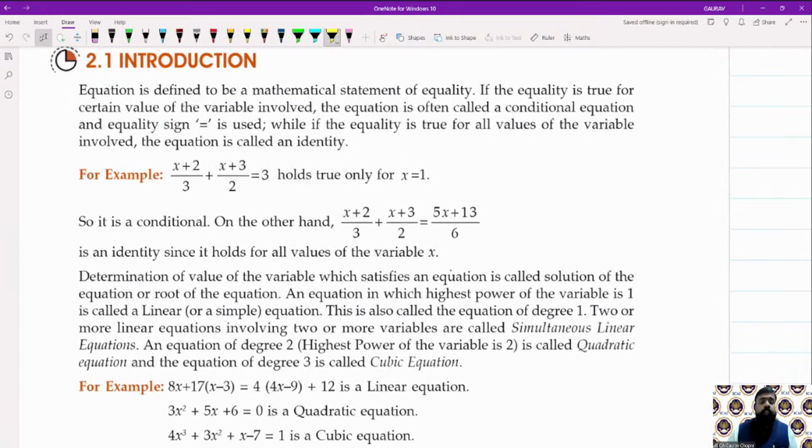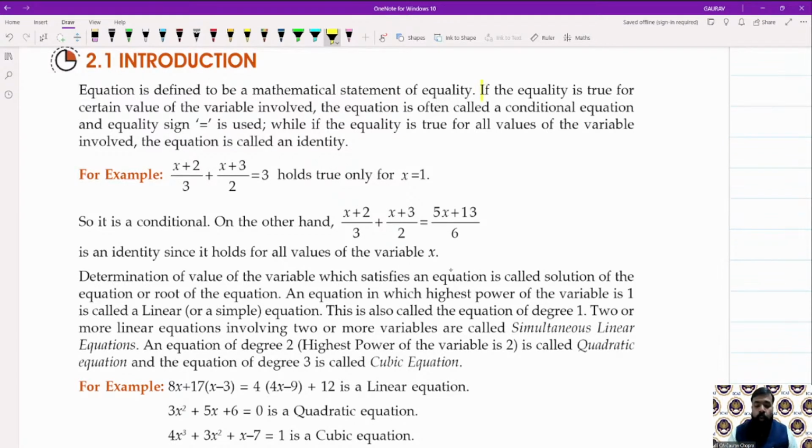Now, what is the definition of equation or how is it used in mathematics? So, equation is basically a statement of equality. Whenever two things are equal, we write the equal to sign in between. Equality may be true for a single value, double value, or for all the values.